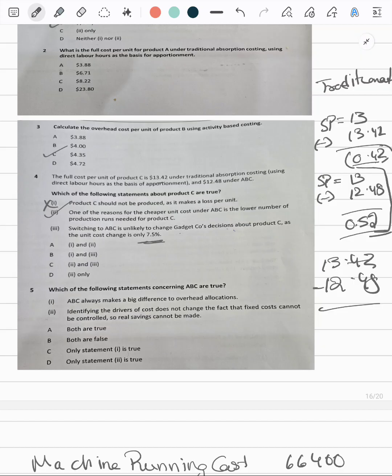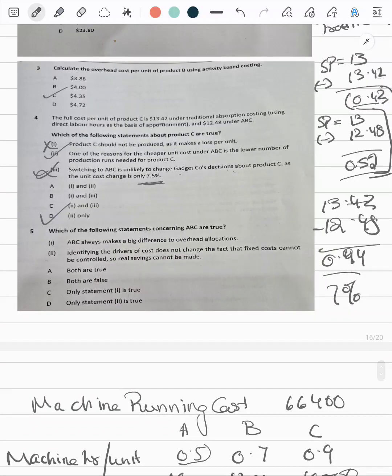But how much saving are we making? 0.94. So 0.94 upon 13.42 is only 7% and not 7.5. So the last statement is incorrect. So only the second is correct. That means D is the only option.